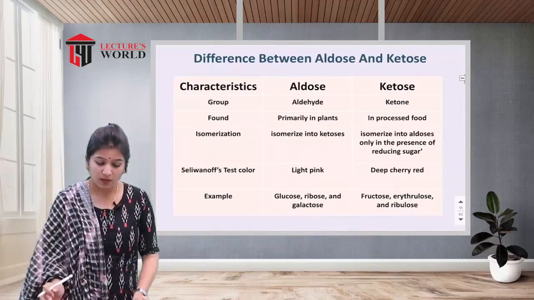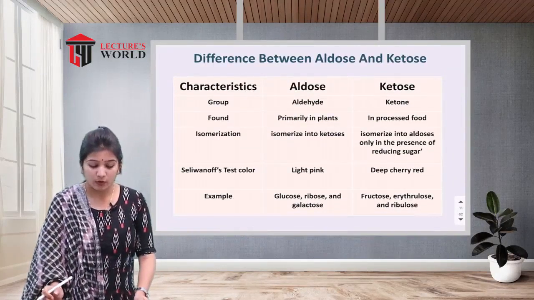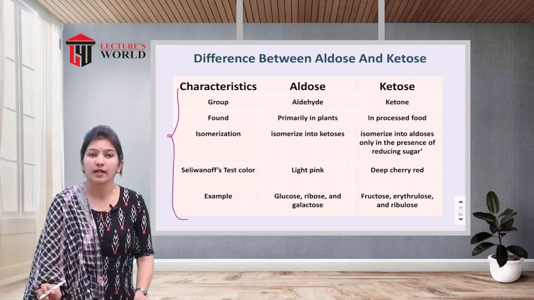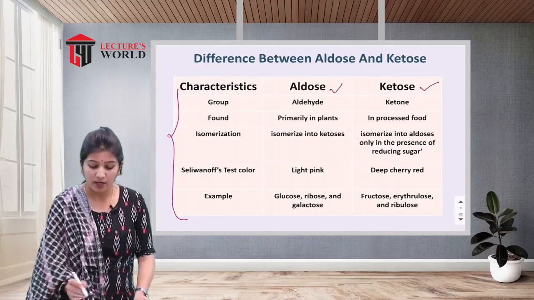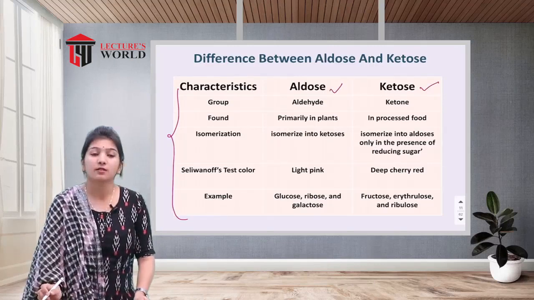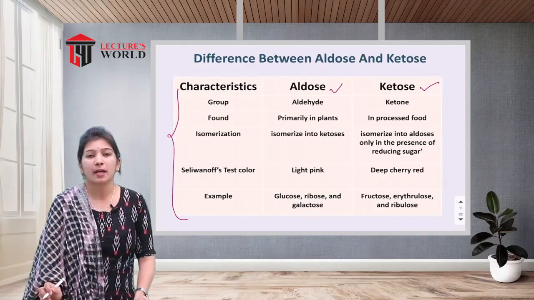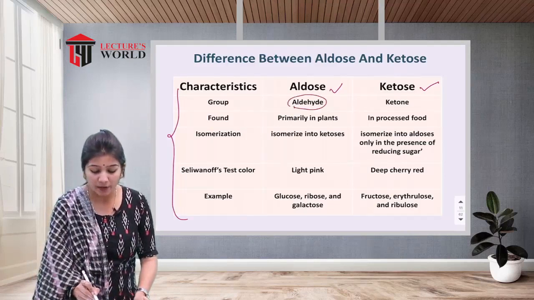So here is the difference between aldose and ketose. Here they have mentioned the different characteristics of aldose and ketose. Okay, so the first characteristic is group. As we have discussed, aldose is one type of monosaccharide which is attached with the aldehyde group.